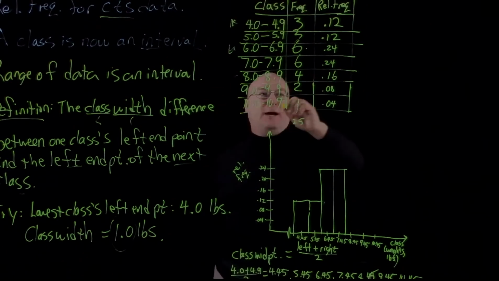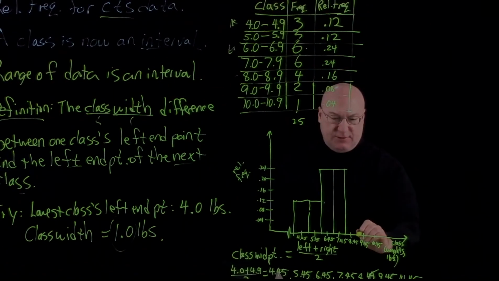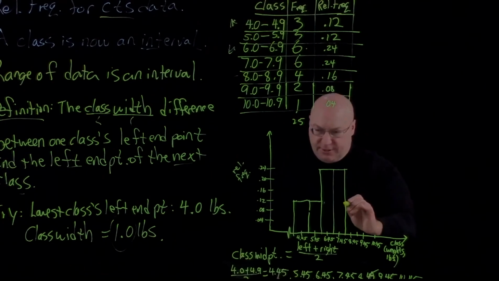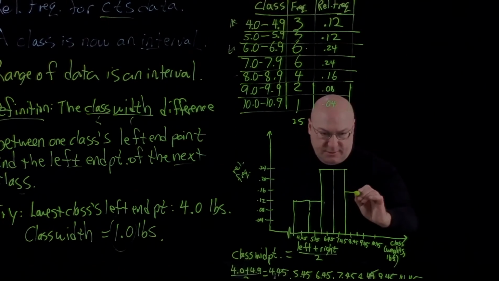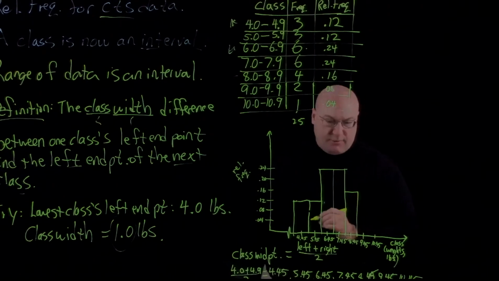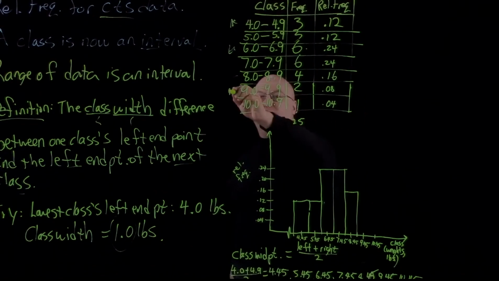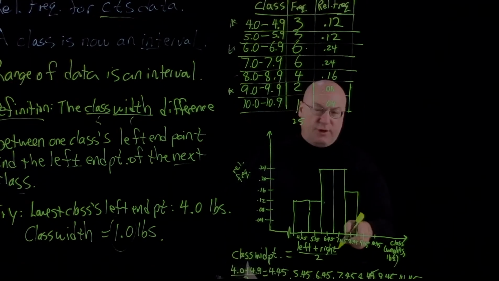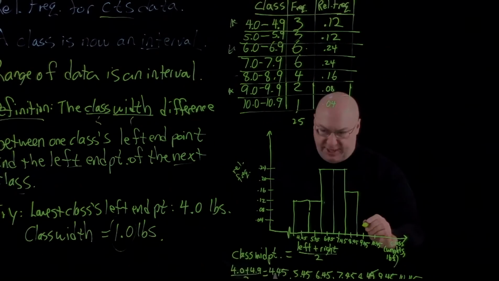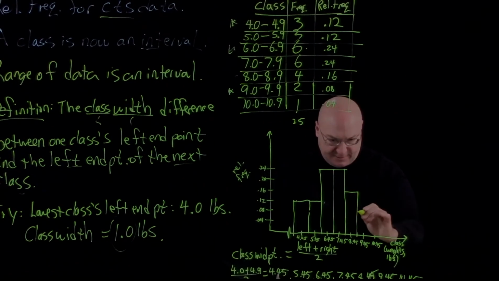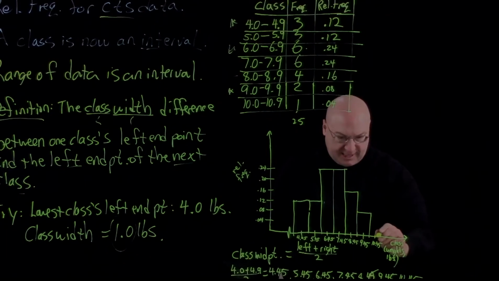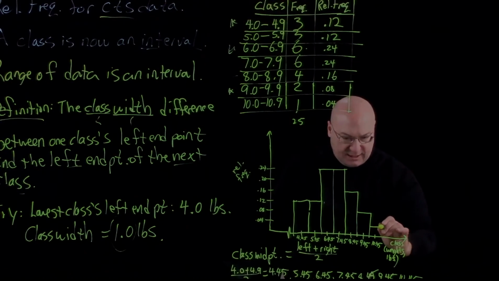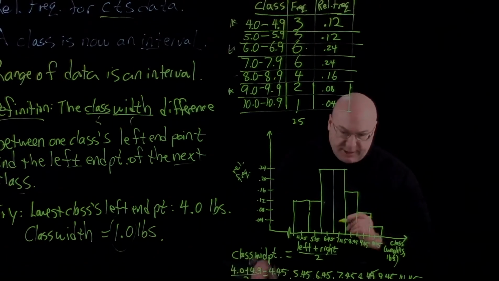For this one, I want to go up to 0.16. All right, and then for this subinterval, I'm using 9.45, and I go up to 0.08. And then lastly, for 10.45, for the class that has that as its midpoint, I go right there.